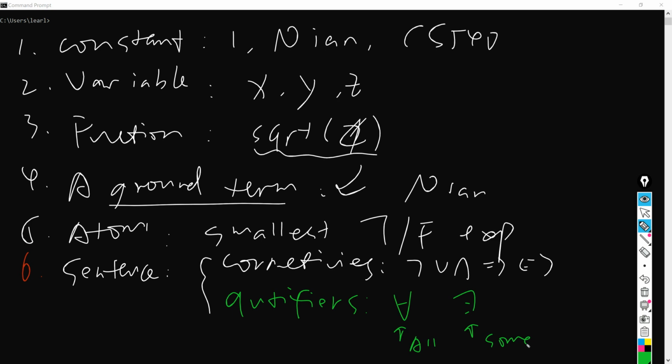The quantifiers make first order logic really common and able to express a lot of things. For example, if you have a for-all quantifier here, you actually include all possible solutions. That is really easy compared to propositional logic.